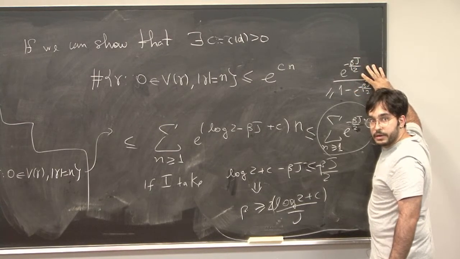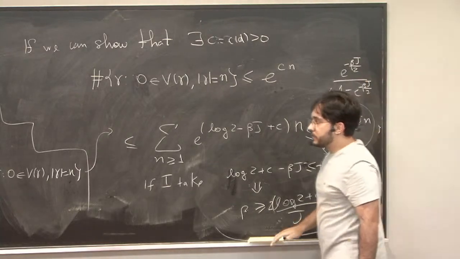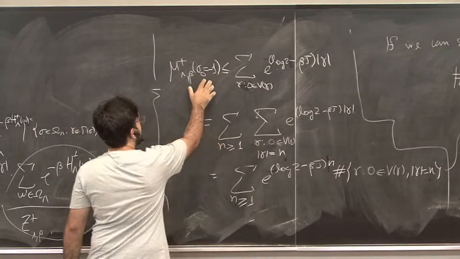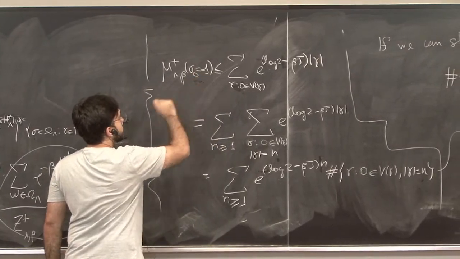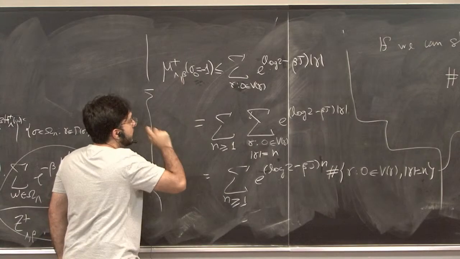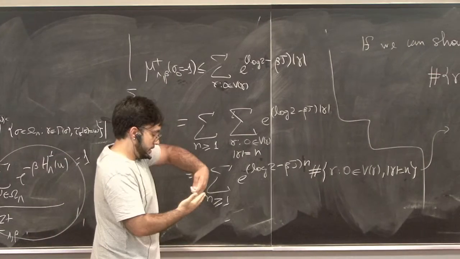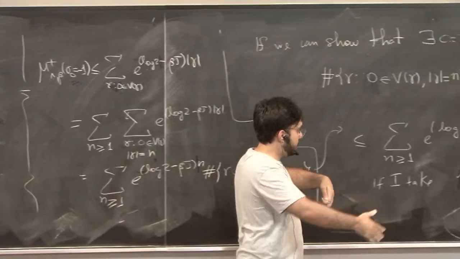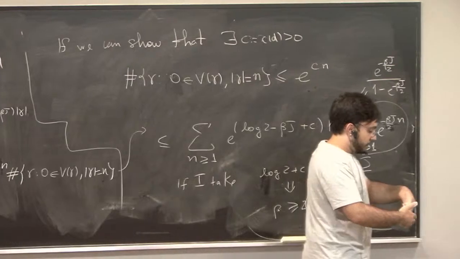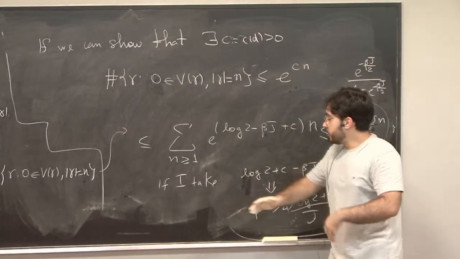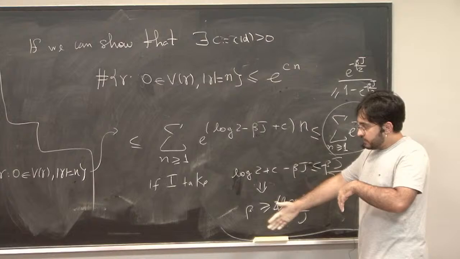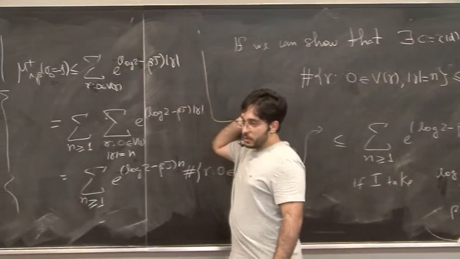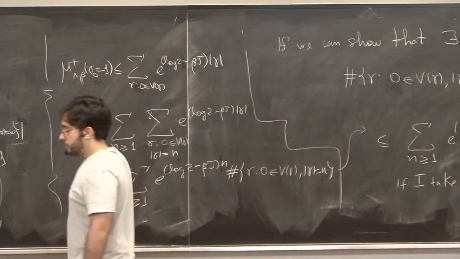Since this quantity bounds the probability of seeing a spin minus 1 at site 0, at some point on the positive real line of beta, this quantity will be less than the 1/3 that I told you yesterday.